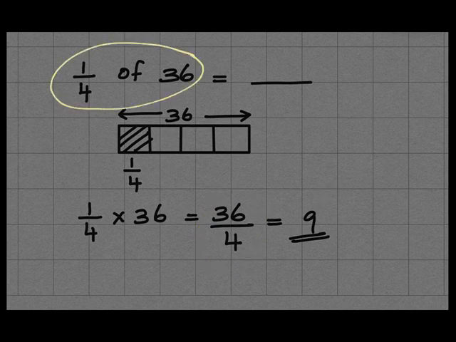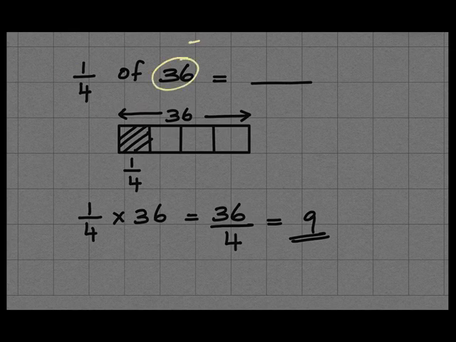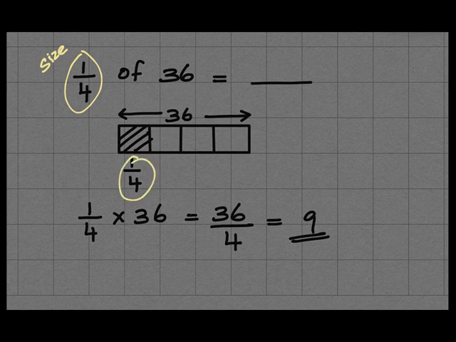Now let us show how this problem is represented in a tape diagram. 1/4 of 36. 36 is the total. So draw a tape diagram and show that the length is 36. This part is 36. And 1/4 should be the size. So let's mark 1/4. How do we do that?